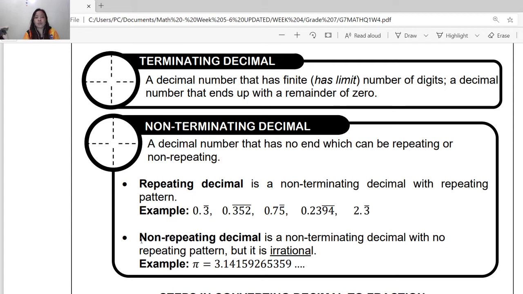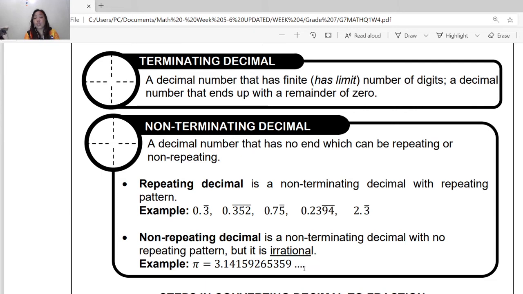Next one is non-repeating decimal. It is a non-terminating decimal with no repeating pattern, and it is an irrational number. Like for example here, there's no bar. You cannot find a bar here. That is, for example, the value of pi. Pi is 3.14159265359, and so on.